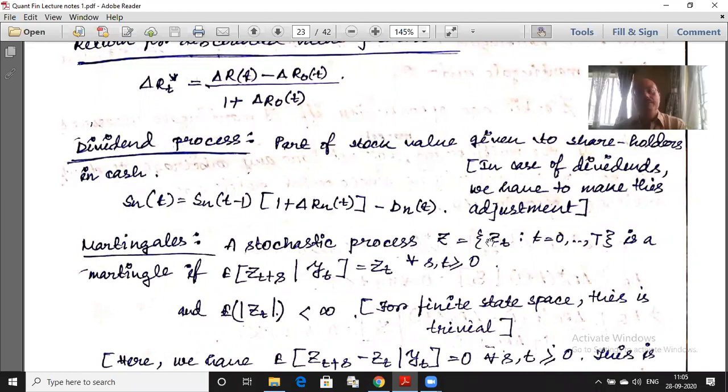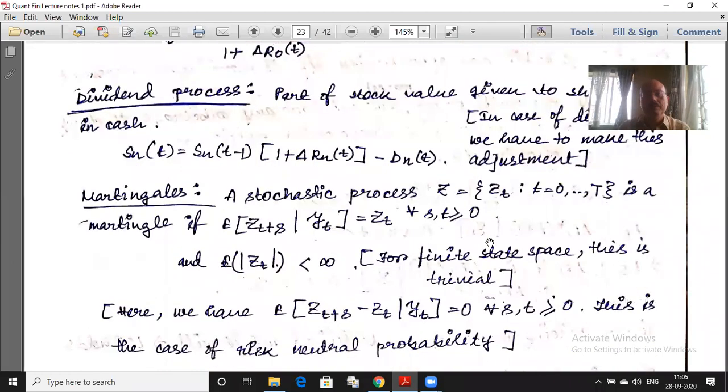So with that, now I will again informally define martingales. So finally, we will define martingales here. So what is a martingale? A stochastic process Z. This is a general simple definition.